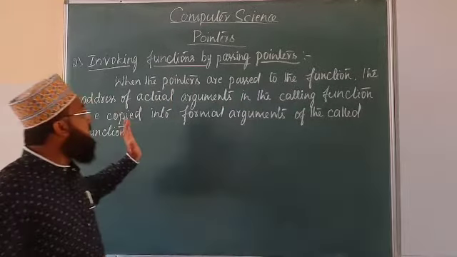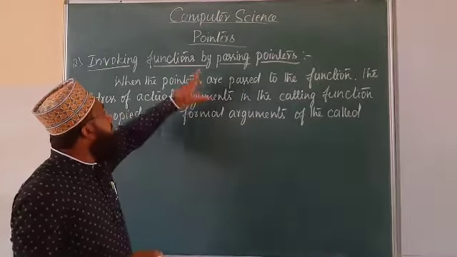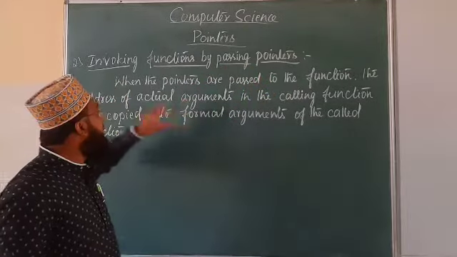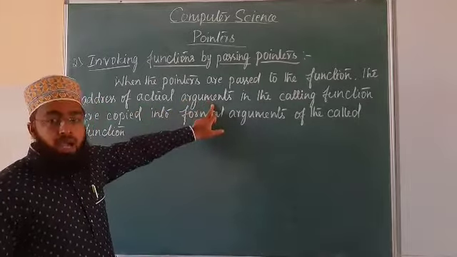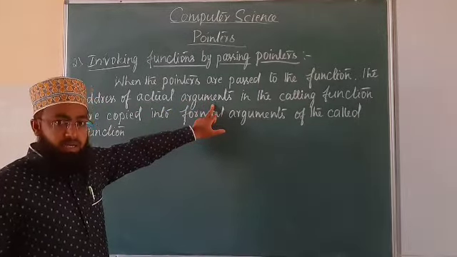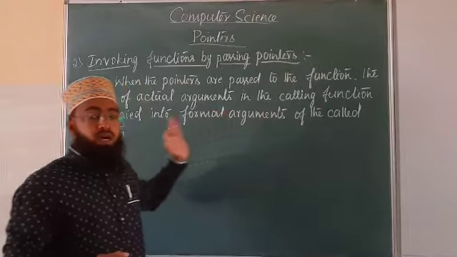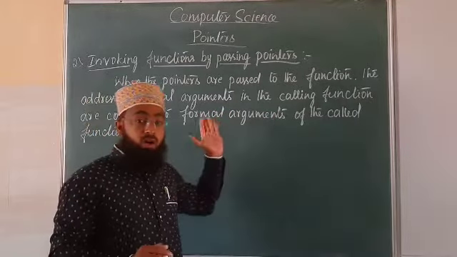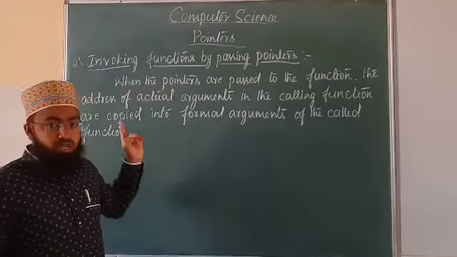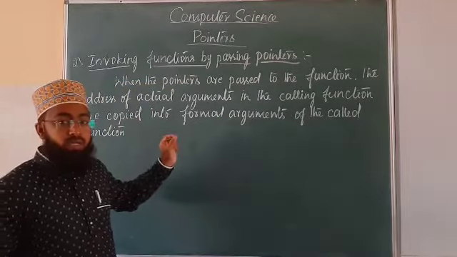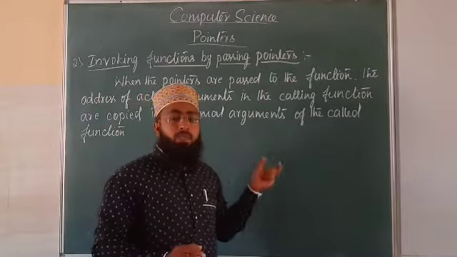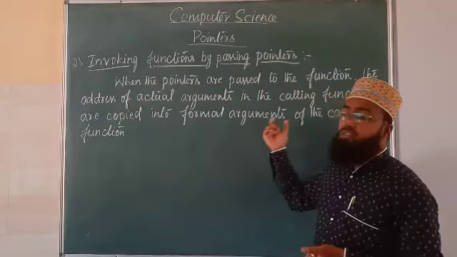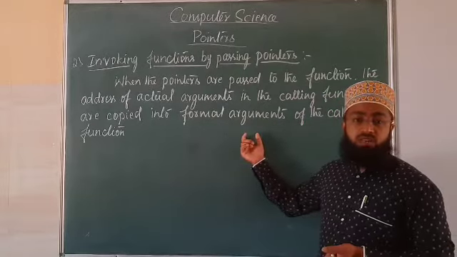This means that by invoking a function by passing references, the address of actual parameters is copied to the formal parameters, but here the address of actual arguments is copied to the formal arguments in the called function. So this is the difference.